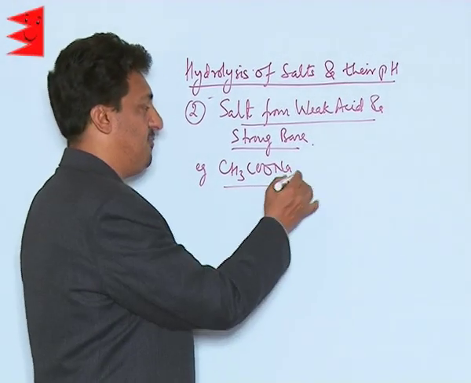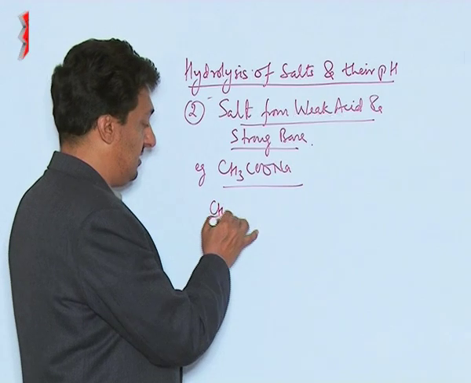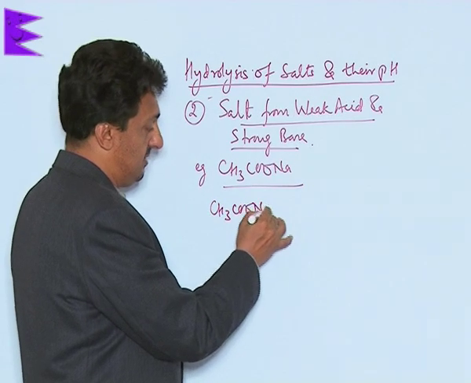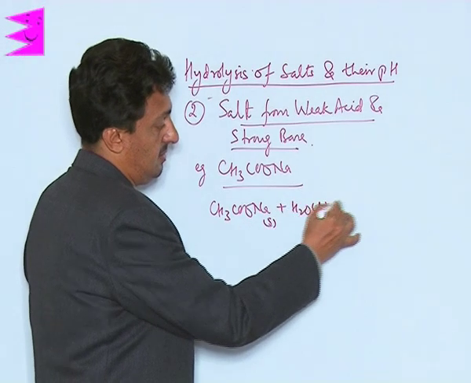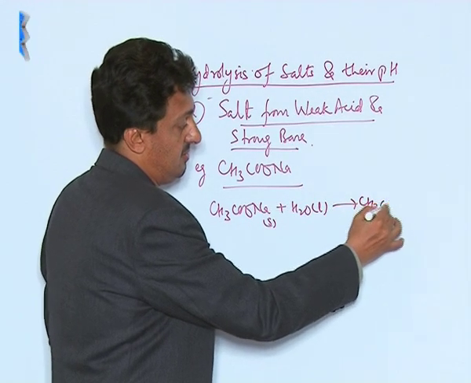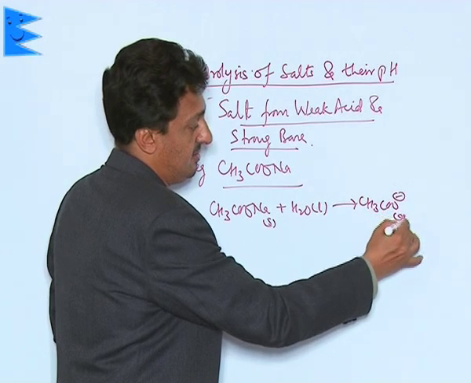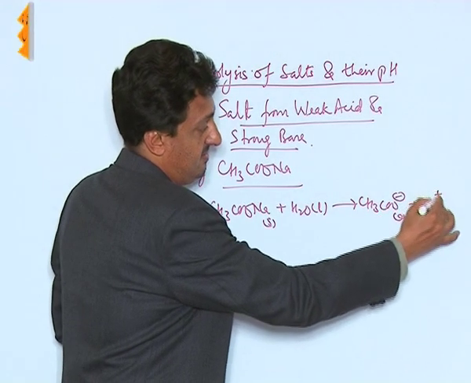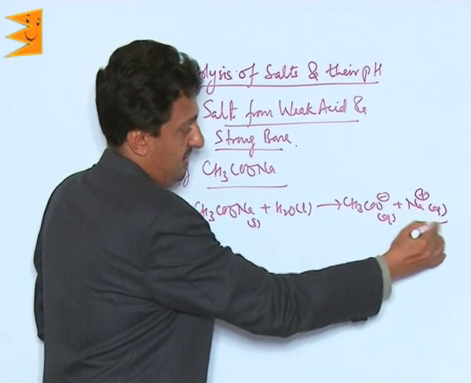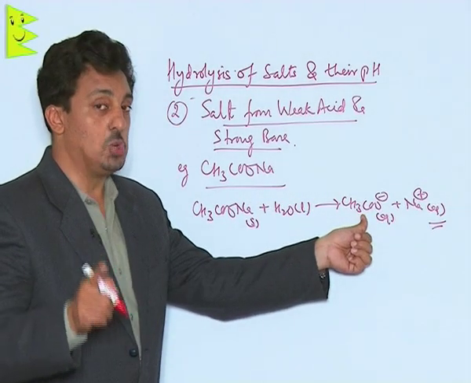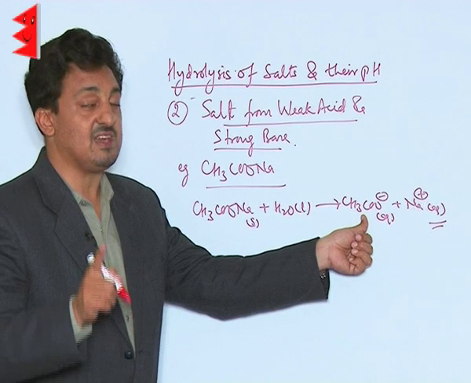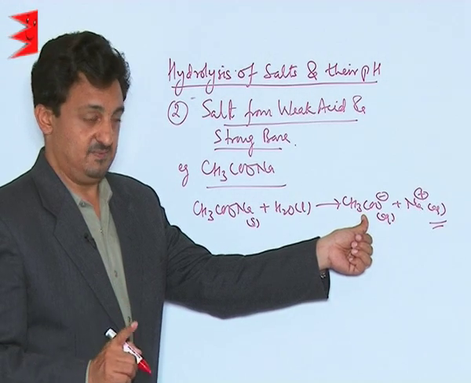Now when such a salt is added to water, it gives the corresponding acetate ions and the sodium ions. Now remember, this acetate ion is a conjugate base of a weak acid, which is acetic acid.